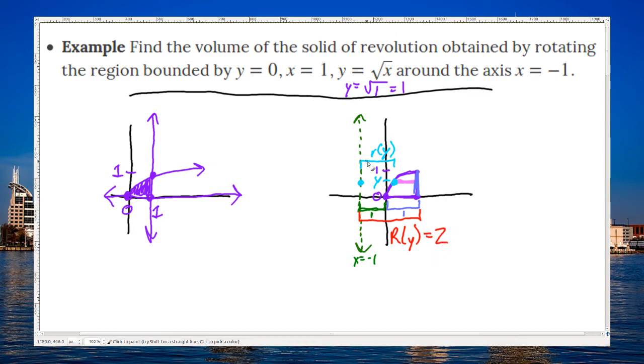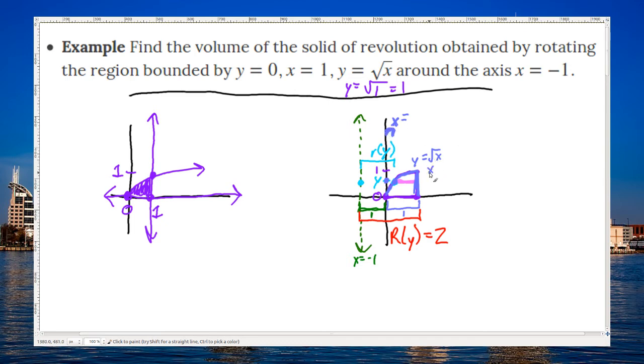Great. Okay, what about the little radius? Well, that one has a little bit more going on. What I can do is split this up into the distance from the y-axis to this point. So this tiny distance right here, it's horizontal, so it's an x value. It comes from this curve, y equals the square root of x, but I want an x value because I want a horizontal distance.